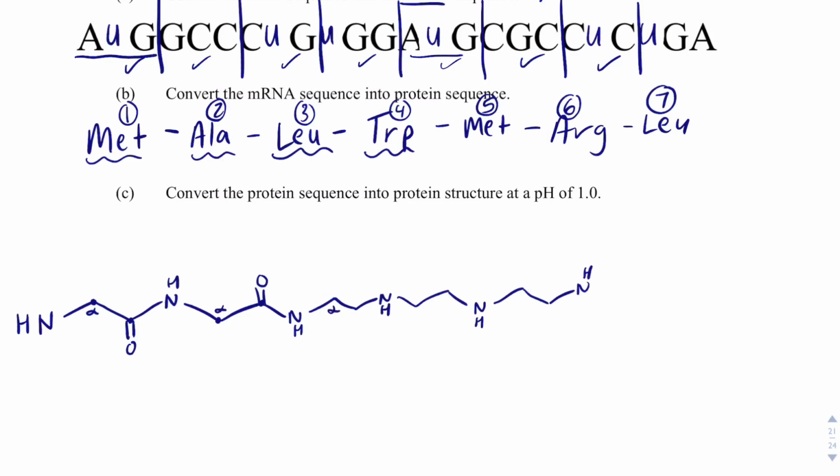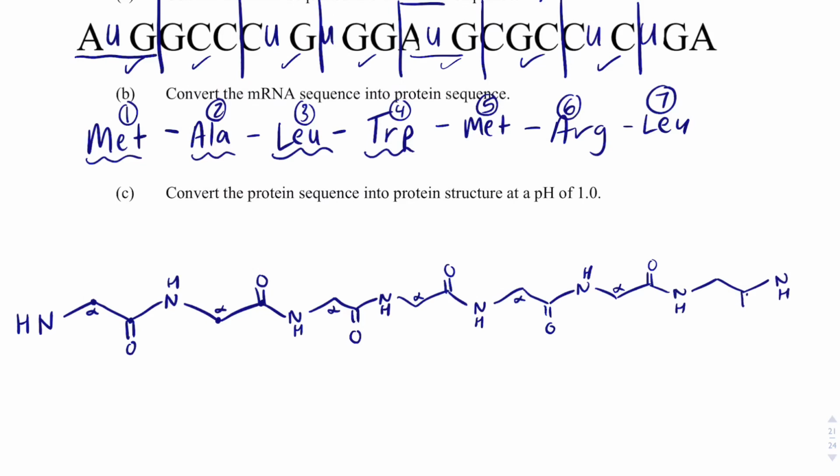First carbon is alpha. Second one is beta, but we're not worried about beta here. Let's see how many alphas I have. 1, 2, 3, 4, 5. Yep. 6, 1, 2. And a lot of people would say NH at the end.